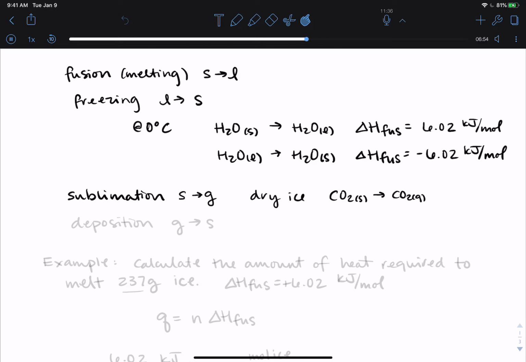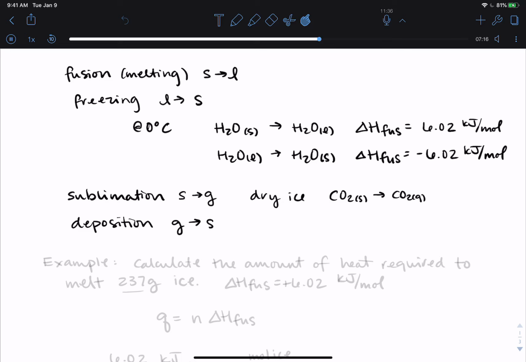And then the opposite of that is deposition, which would be a gas turning into a solid, which is just how we create dry ice. One thing you'll notice is that all of these are on a per mole unit. So one, it tells us that it depends on the amount that we have.